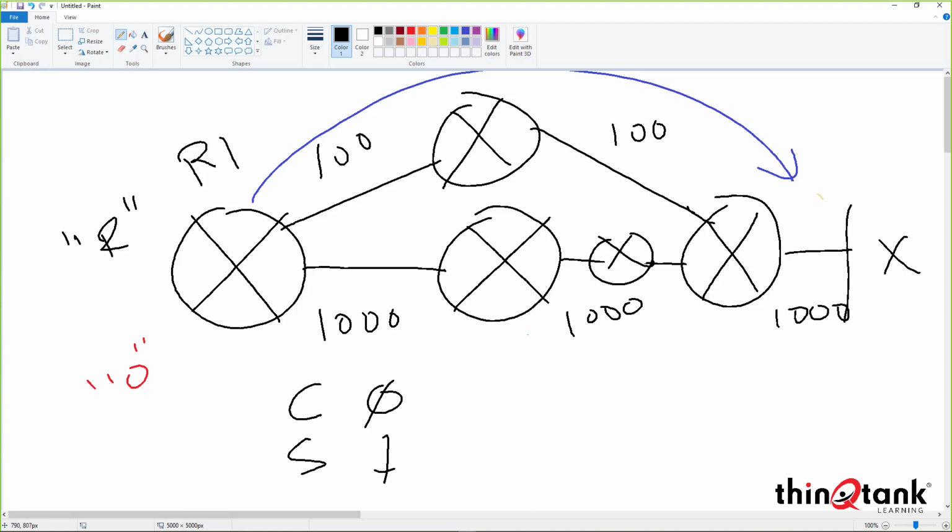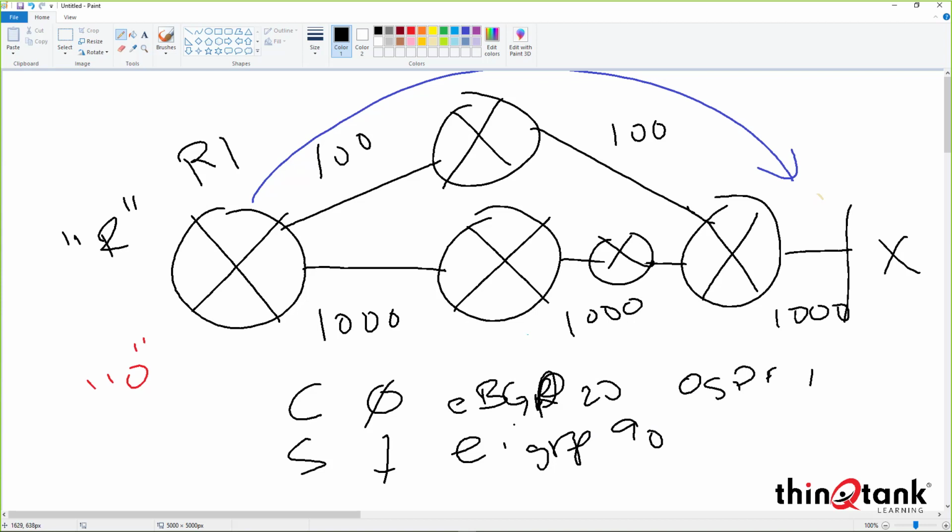Static route, 1. eBGP, 20. That's supposed to be a P. EIGRP, 90. OSPF, 110. ISIS, 115. RIP, 120.